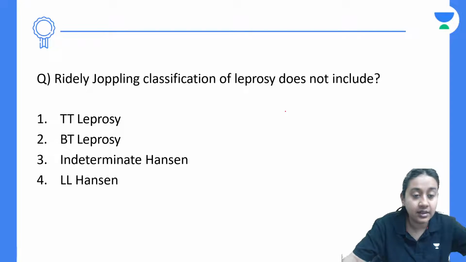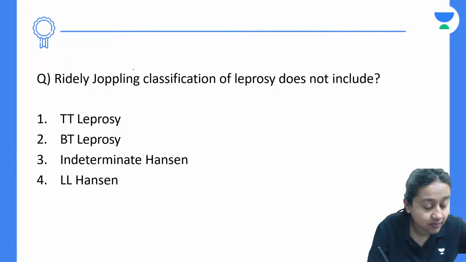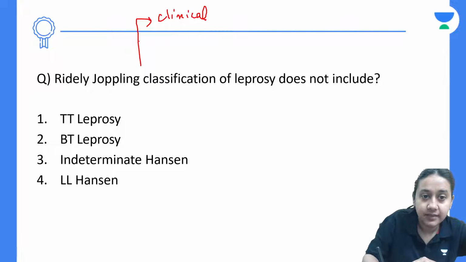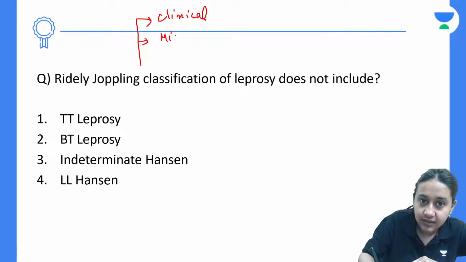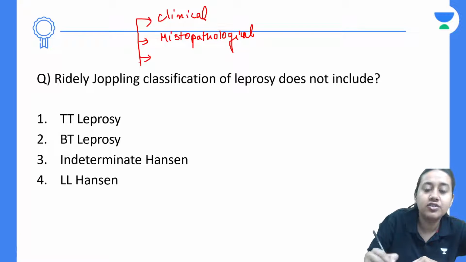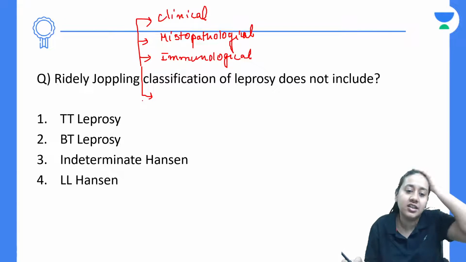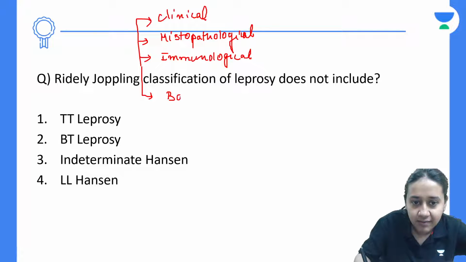Now, Ridley-Jopling, they have used four criteria. One is clinical, second is histopathological, immunological, and bacteriological.